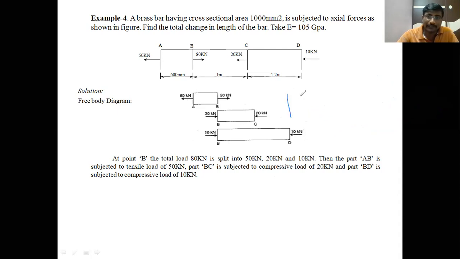So 105 into 10 cube megapascals means 1.05 into 10 to the power of 5. We can write it as 1.05 into 10 to the power of 5 megapascals.